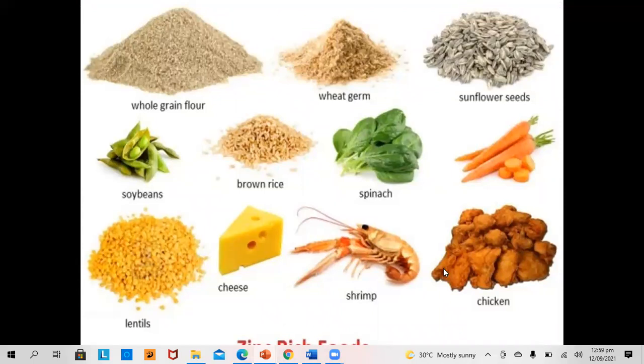Then comes another important metal, that is zinc. So the food which are rich in zinc include chicken, shrimps, cheese. Then the whole grain flour, wheat germ, sunflower seed, lentils, brown rice, carrots, spinach, and soya bean.